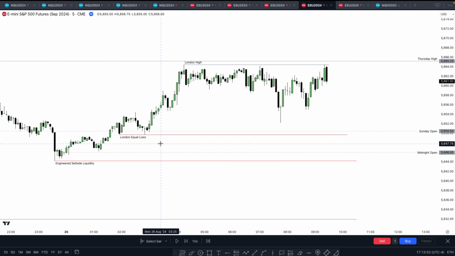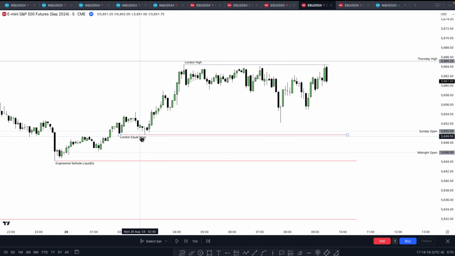But when you see them have equal lows or relative equal lows, it's higher confluence that price is going to deliver there. And on top of this, note where London's equal lows are residing, right below Sunday opening price. So the manipulation is taking place above Sunday open, above midnight open, above 9:30 open, as we will see, and it's going to distribute back down below those key time levels to these engineered sell side liquidity pools.